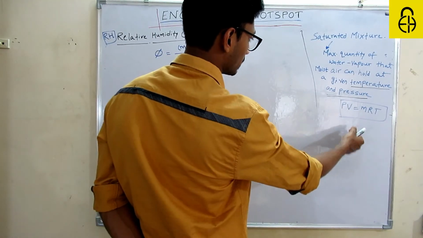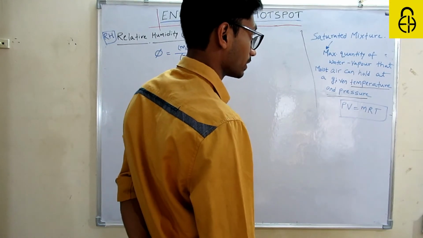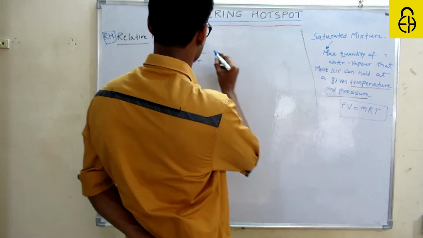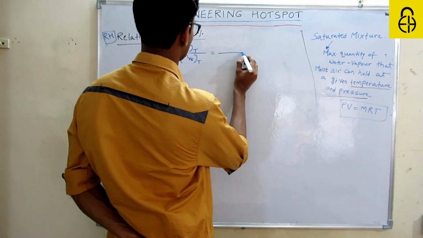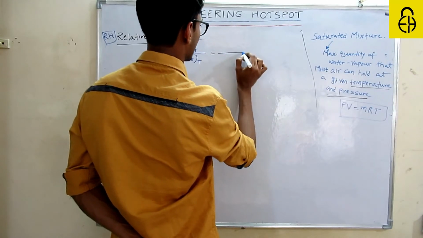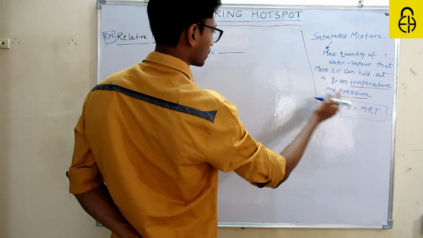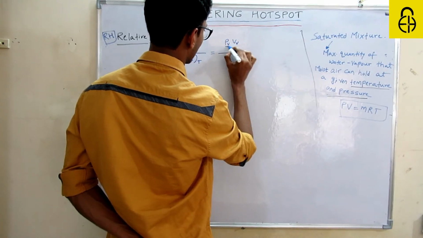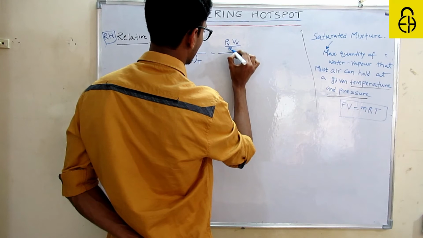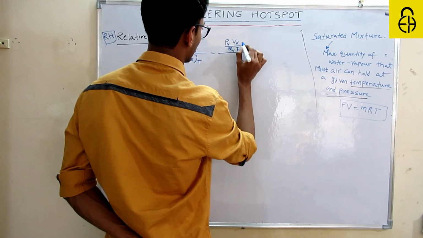Since we know that PV is equal to mRT, the ideal gas law equation will be valid. So you can replace m with P of vapor into V of vapor upon R of vapor into T of vapor.